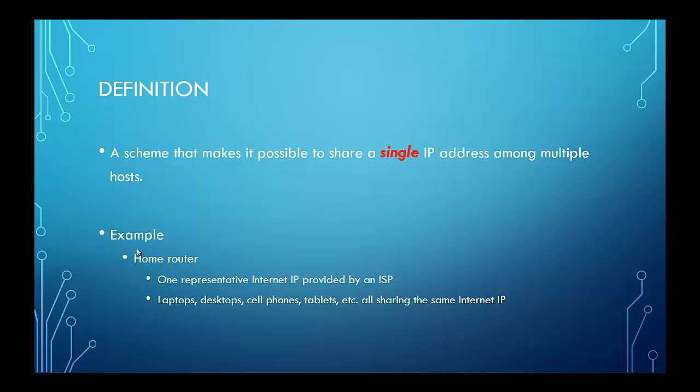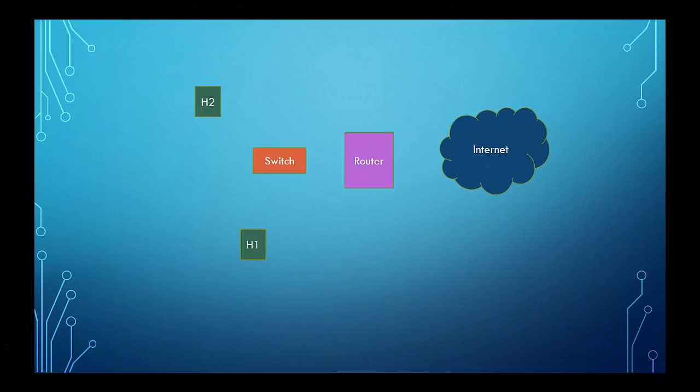So network address translation allows you to share a single IP address, in this case, among all these multiple hosts or devices. So here is a typical scenario shown in a picture. As you can see, there is this router.